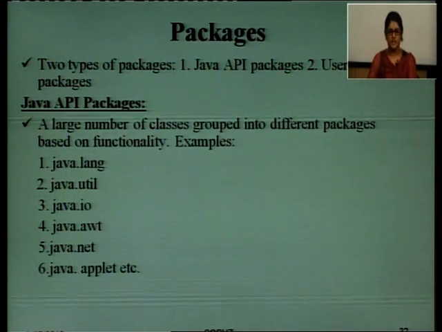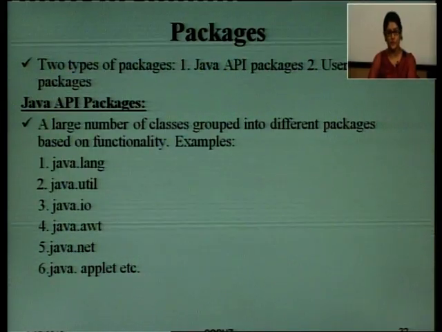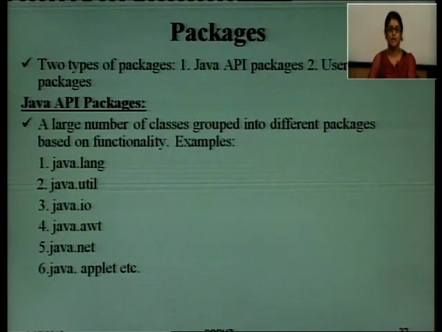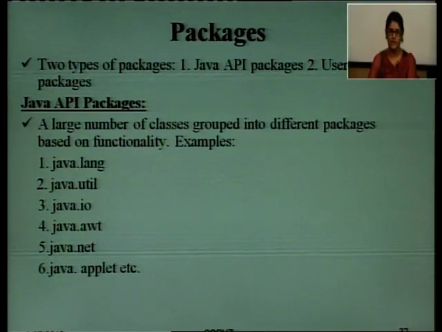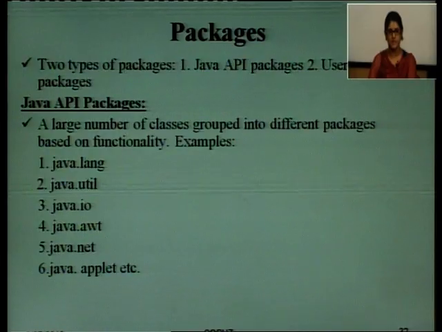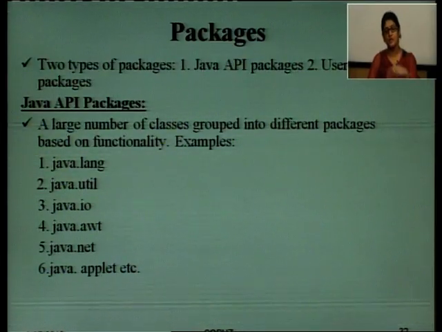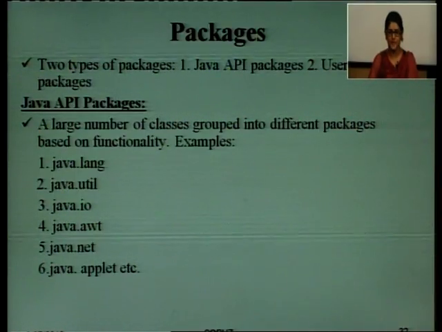And the third is java.io, which stands for input output package. Whenever you are interacting with input or output devices, then you will use this package. Whenever you want to take input from any device, and whenever you want to produce output to some specific device, then you can use this IO package. Whenever you are dealing with file streams, input output streams, then also you can go for this package.